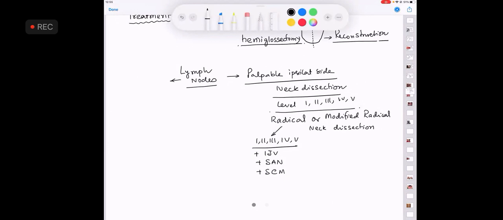What is a modified radical neck dissection? It is divided into type 1, type 2 and type 3. In type 1, what is removed? The spinal accessory is preserved. Very good. Type 2, the spinal accessory is removed, and the internal jugular vein is preserved. And type 3, all three are preserved.